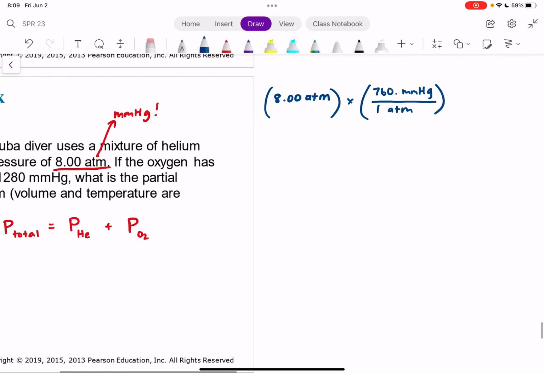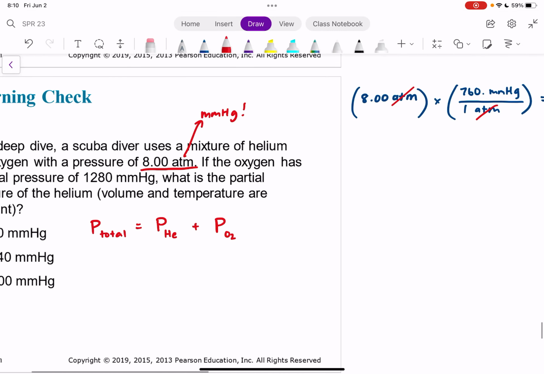And that's going to give us 6,080 millimeters mercury. And that's because I could cancel out those atms. So 6,080 millimeters mercury is our total pressure.